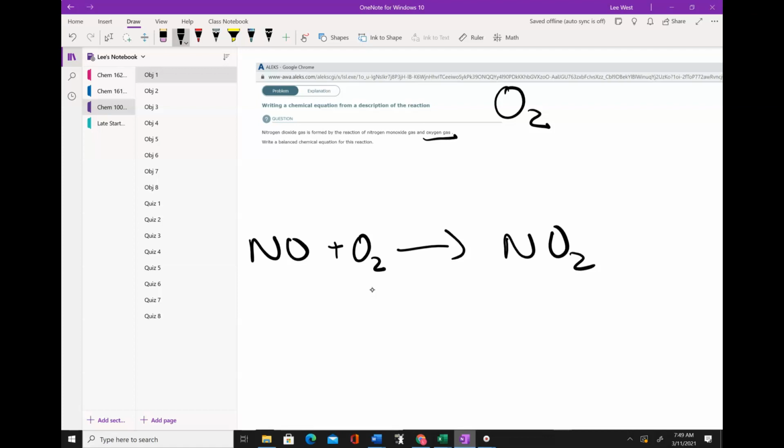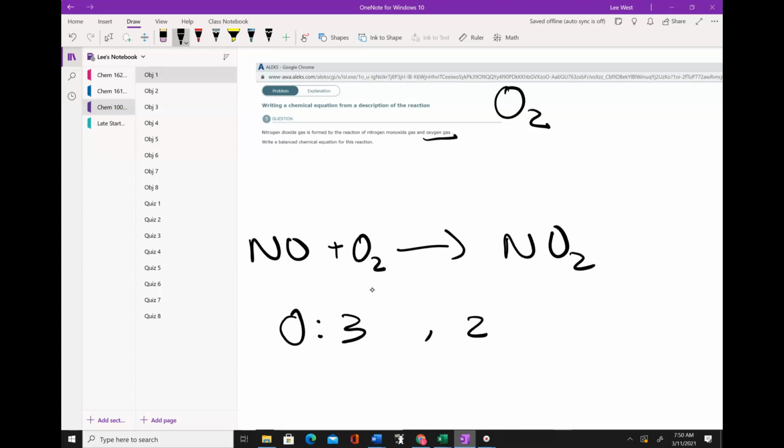So at this point you need to balance, and you might be able to see immediately what the issue is going to be here: we have an imbalance amongst the number of oxygen atoms. So what I've got is 3 oxygen atoms on the left here, and then only 2 on the right.